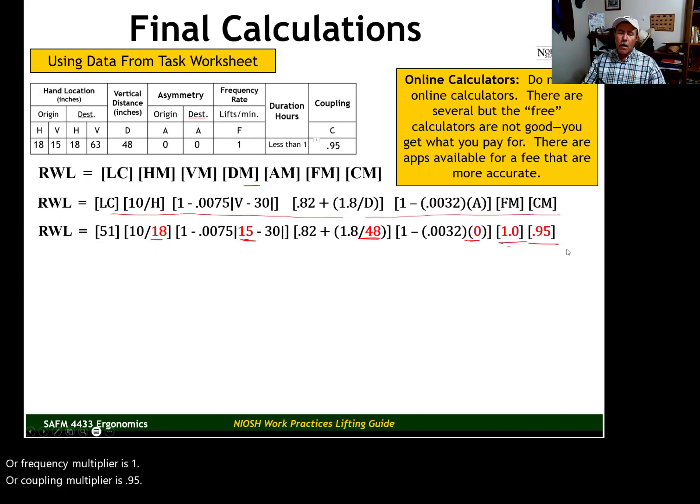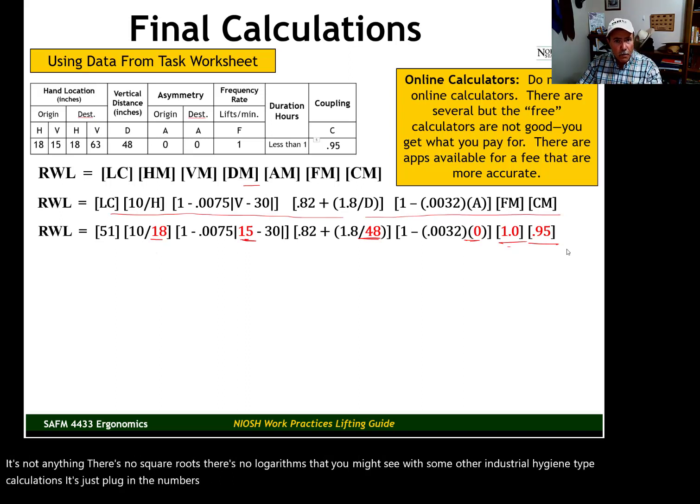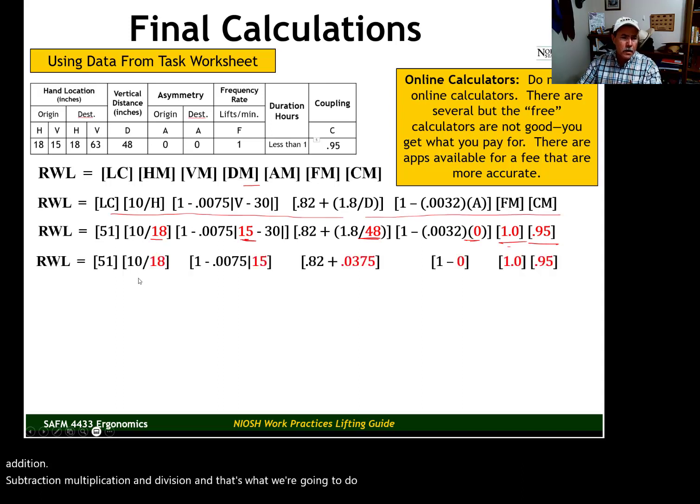Again, mathematically, all this is addition, subtraction, multiplication, and division. There are no square roots, there are no logarithms that you might see with some other industrial hygiene type calculations. It's just plug in the numbers, make sure you've got the right numbers, and then do the addition, subtraction, multiplication, and division. And that's what we're going to do in the next iteration of the formula.